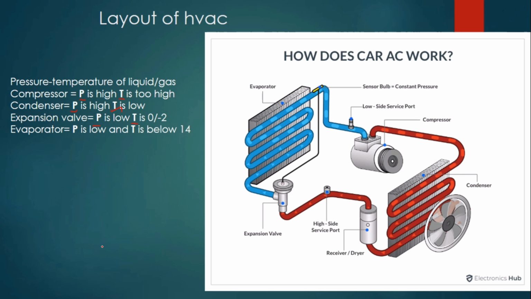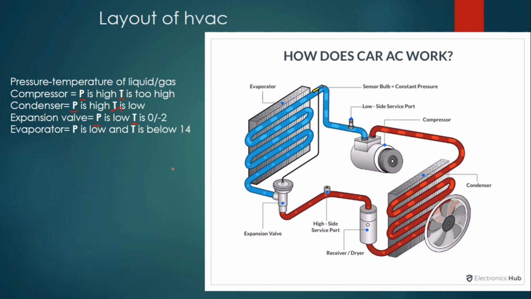If the temperature is -2 in the evaporator, it will change to about 14 or 16 degrees. So when you give the heat to the liquid plus gas, it will convert to gas. So in the evaporator, liquid plus gas converts to gas.